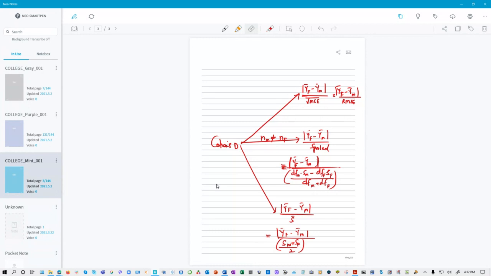So this one applies when the sample size of male equals the sample size of female, n male equals n female. So there are three ways you can use this formula. Either this formula, or this formula, or this formula. Three ways we can get this done.